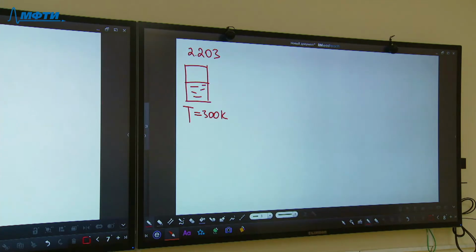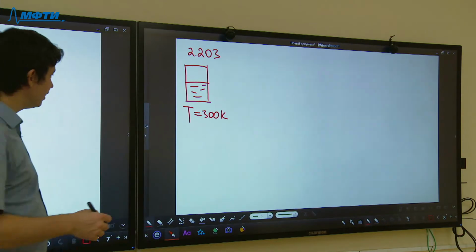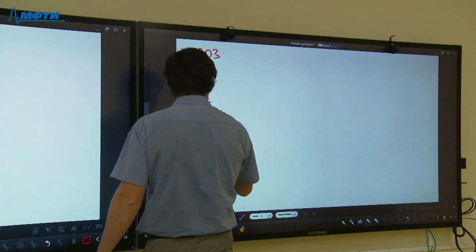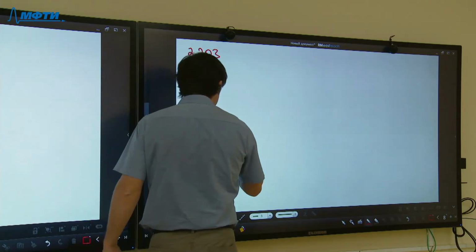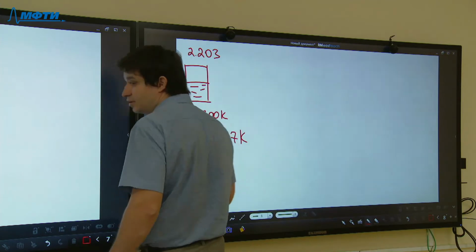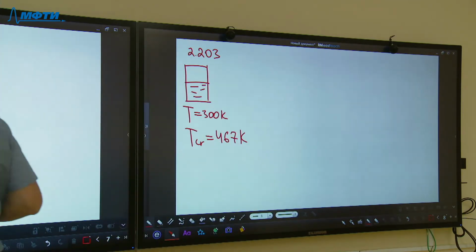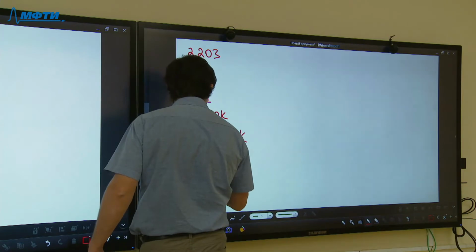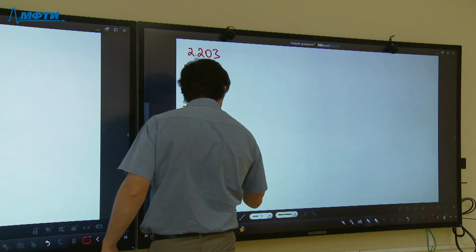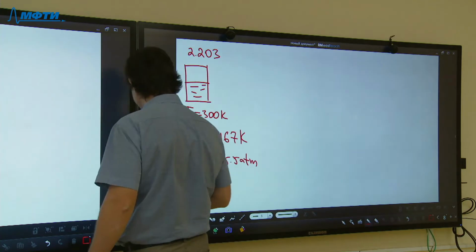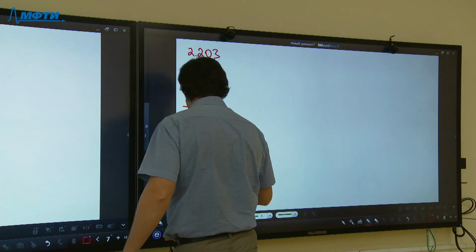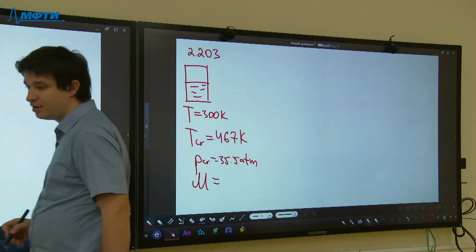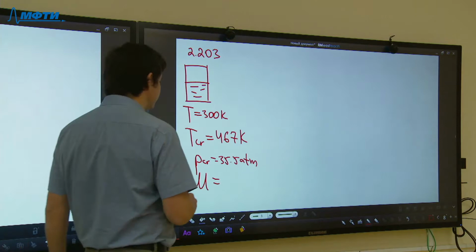In order to pass into critical state when critical temperature is reached. Ether has critical temperature of 467 kelvins and critical pressure of 35.5 atmosphere, and moreover it has molar mass of 74 grams per mole.